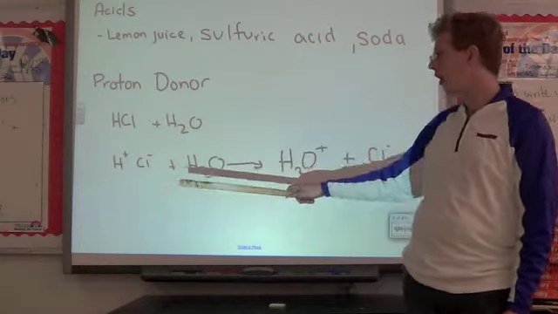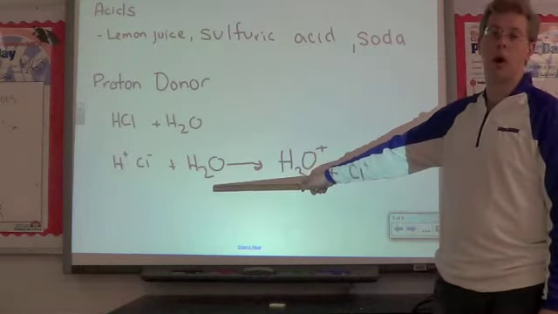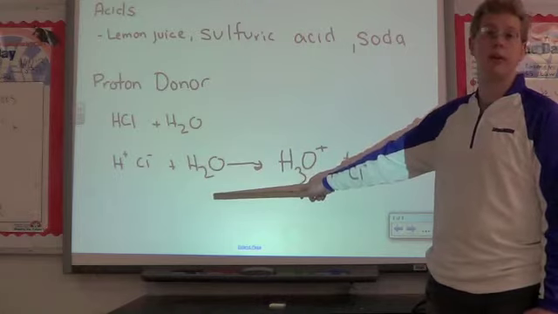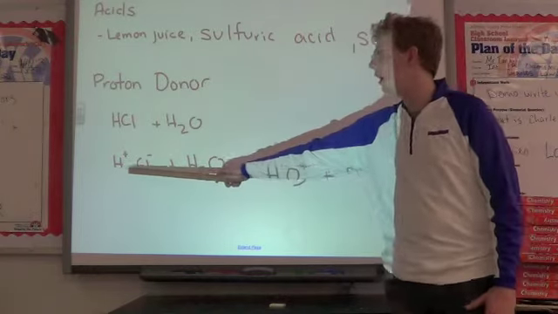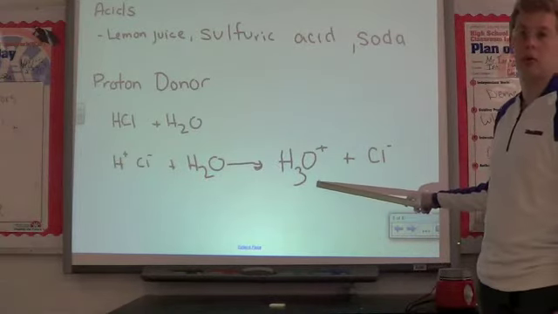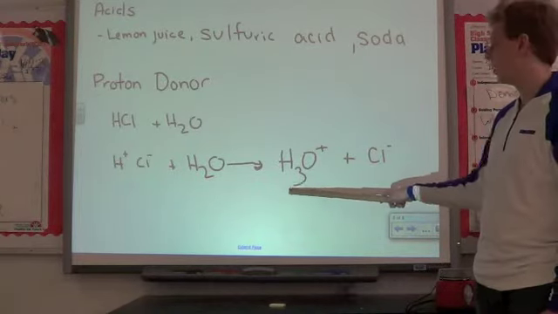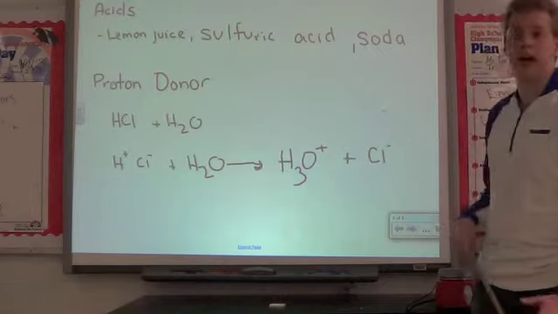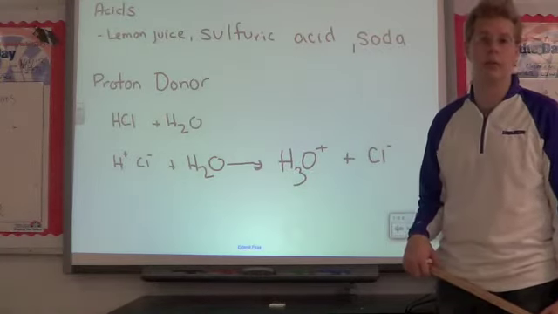At which point, the water or another base is going to accept that proton, that H+, to form what's called a hydronium molecule, which is H3O+. And then we've got Cl- still in solution.